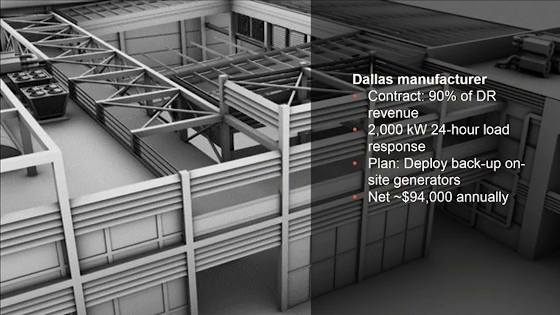However, as Susanna mentioned earlier, wind generators have low performance during summer afternoons, putting even more strain on the system. A large industrial was able to align with the ERCOT market to produce over 2,000 kilowatts of around-the-clock load response. Their load response strategy is to deploy their on-site backup generators if and when a demand response event is called.